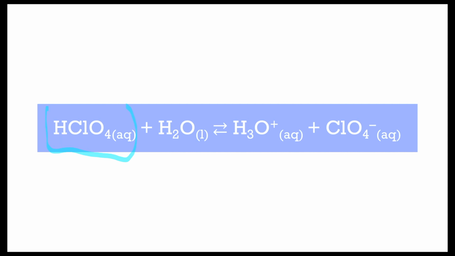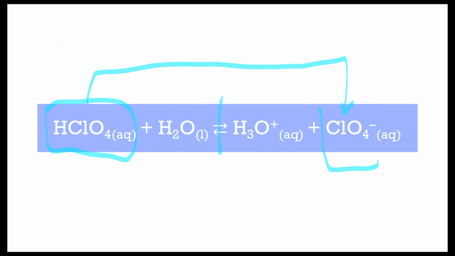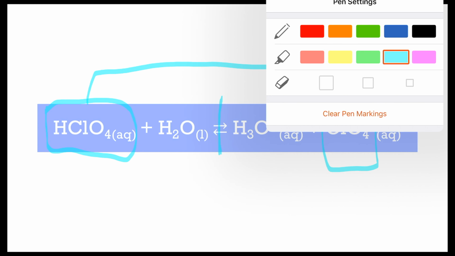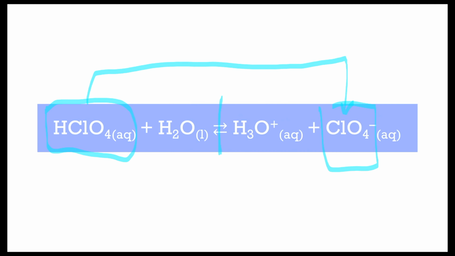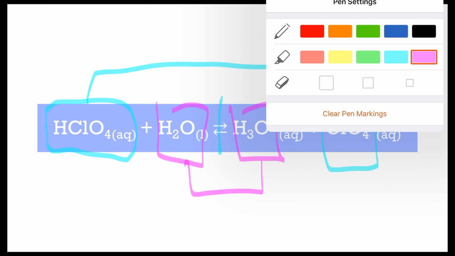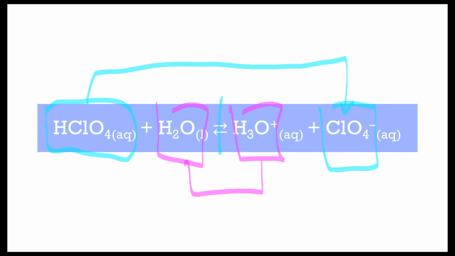So here, for HClO4, you want to find what it looks like on the opposite side of the reaction. Those two are going to be a pair, as they look pretty similar to each other. Next, you want to find the other pair, and that's water and H3O+. So those are your two pairs. Now you want to figure out which one's the acid, which one's the base, and then which is your conjugate acid or base.